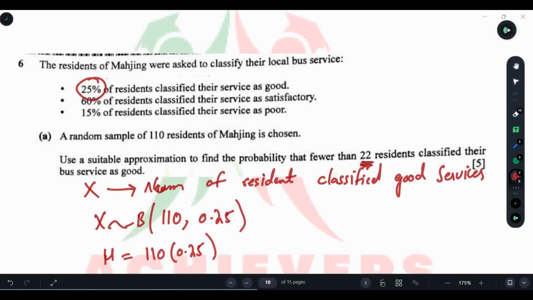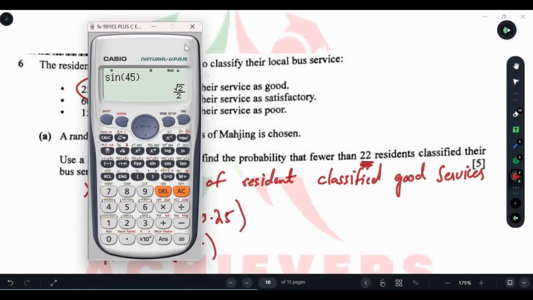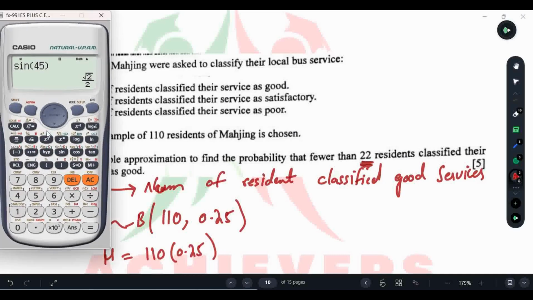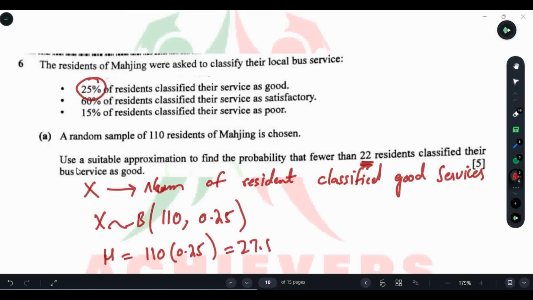Let me check it over here. 110 multiplied by 0.25 will be equal to 27.5. Now let me check the other thing, that is sigma square.